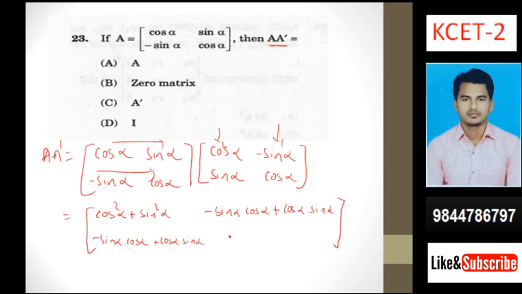Later, minus into minus is plus, sin square alpha plus cos square alpha. We know the trigonometric identity, cos square theta plus sin square theta equal to 1, isn't it? It means 1 0 0 1. These two will be cancelled. The answer is the identity matrix, so option number D is the right answer.